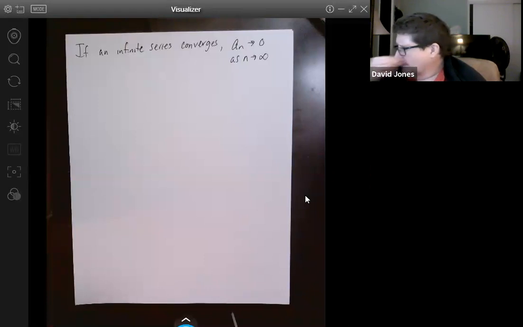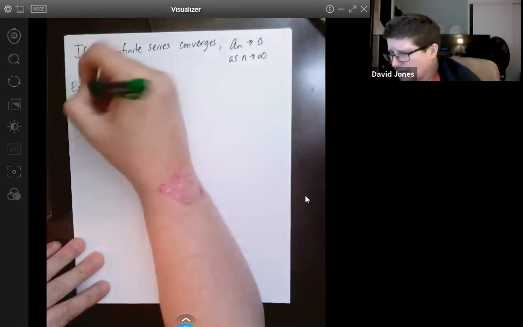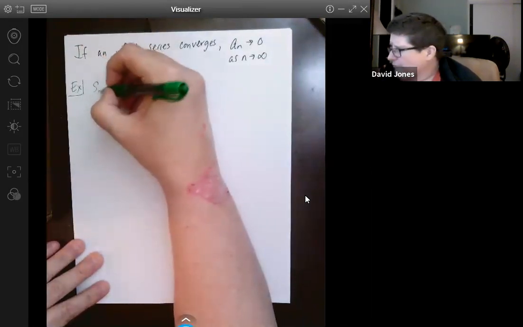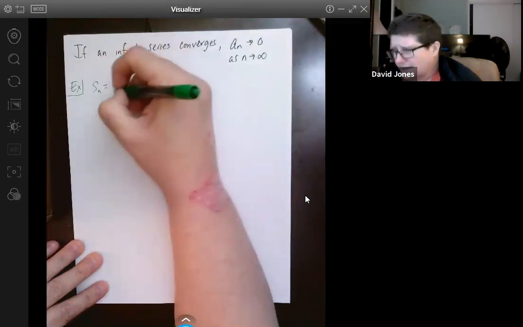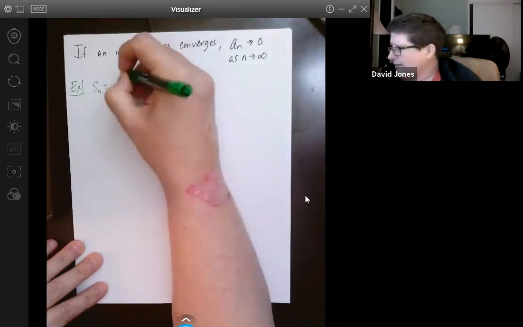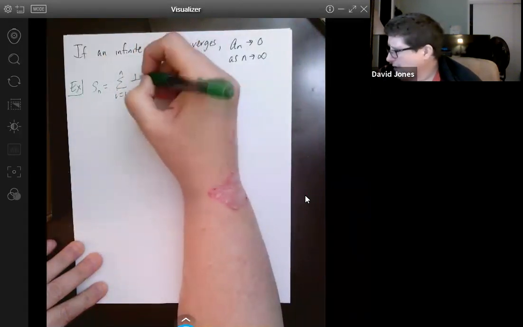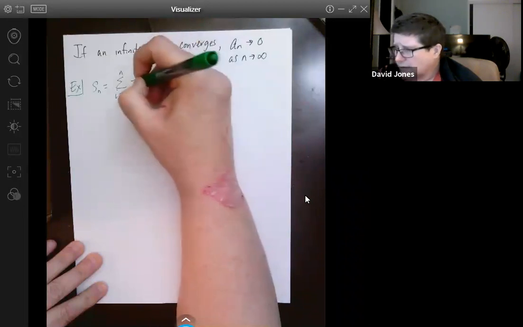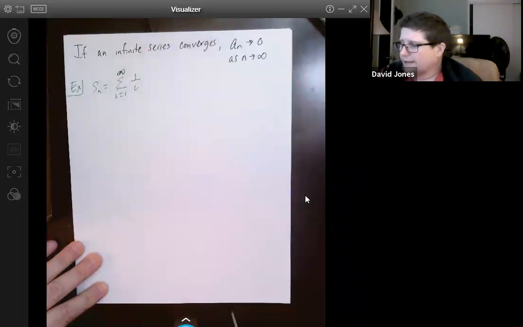So let's give you some examples of some series that look convergent or that are really close to each other but converge or diverge. A couple examples. Our first scenario, we're going to have S sub n is the summation of i equals 1 to n of 1 over i, say to infinity, i equals 1 to infinity of 1 over i.